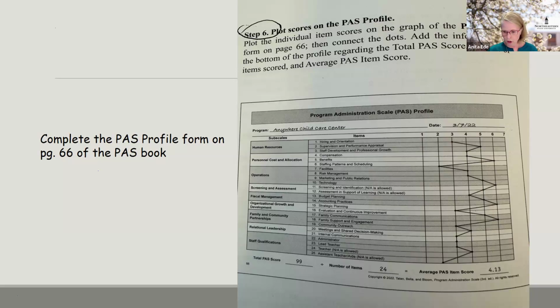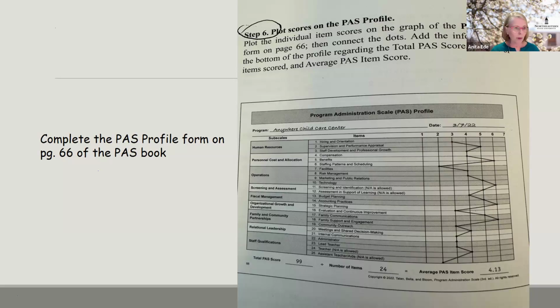And then make sure you get your average PAS score for the whole, average it out. Because that's really meaningful. You know, 7 is where you're really wanting to be, or 6 or 7, and 5 is sort of average C level.